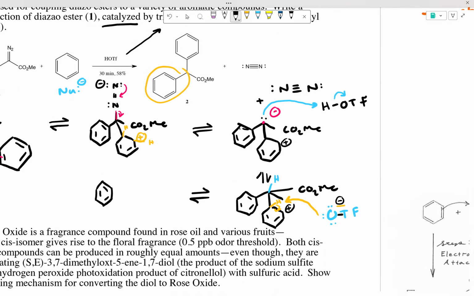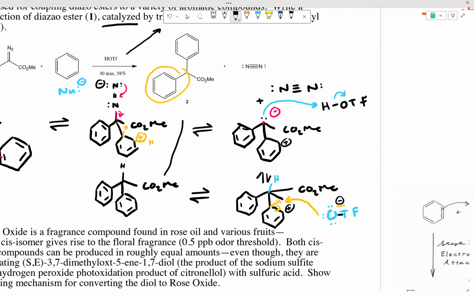This should be our final answer. CO2H. And you don't have to draw the hydrogen on top.